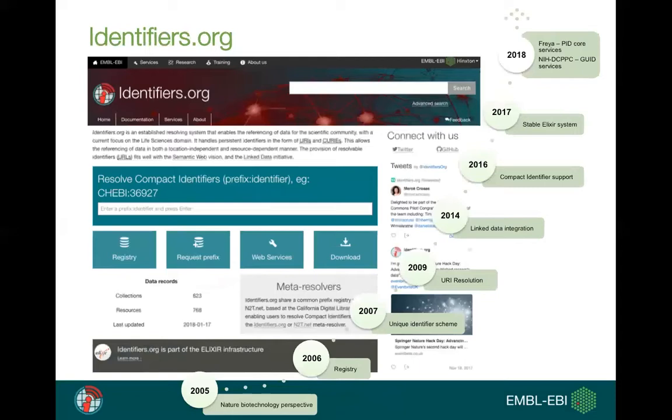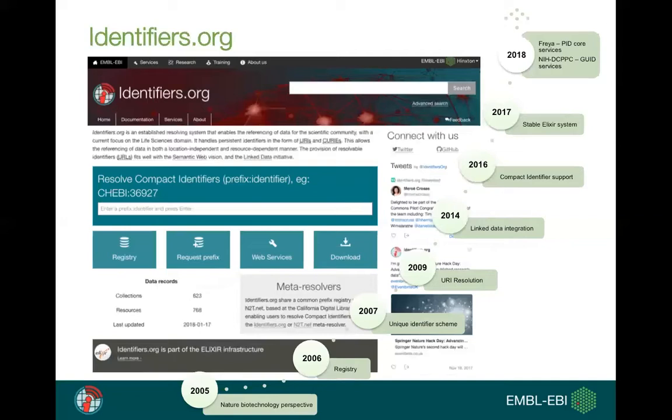Identifiers.org was first developed in 2005, and since then we've been supporting many different data integration efforts. We are part of the Elixir infrastructure, and we are recognized as a stable Elixir resolution resource.